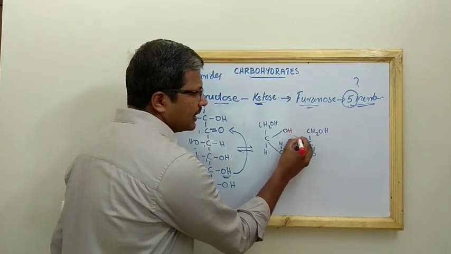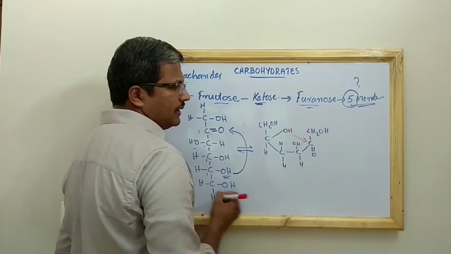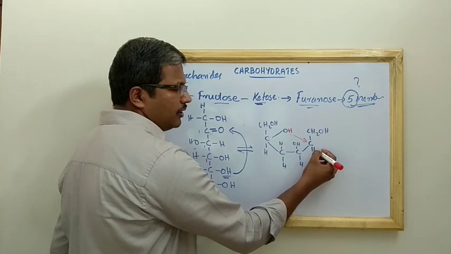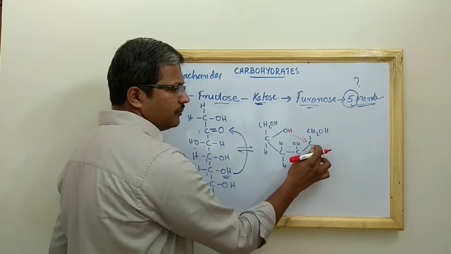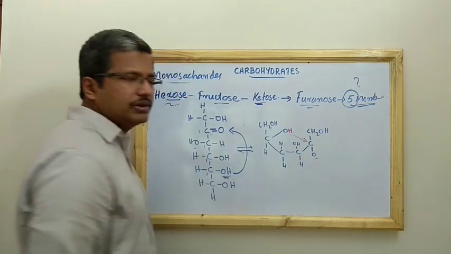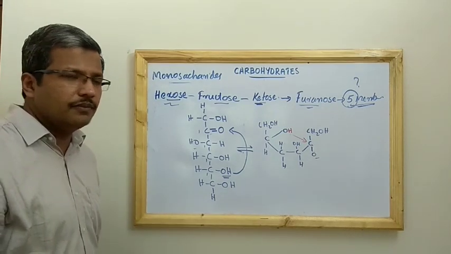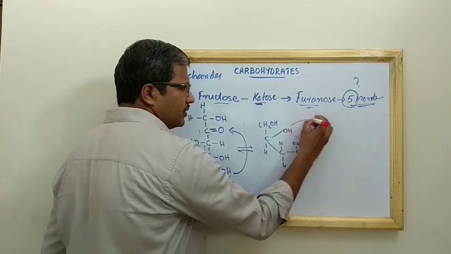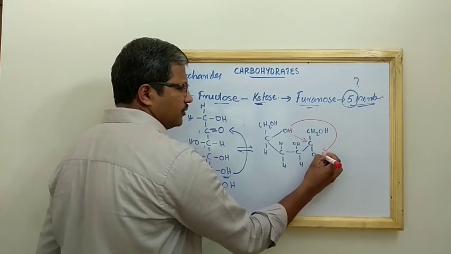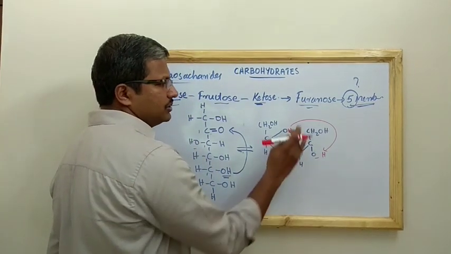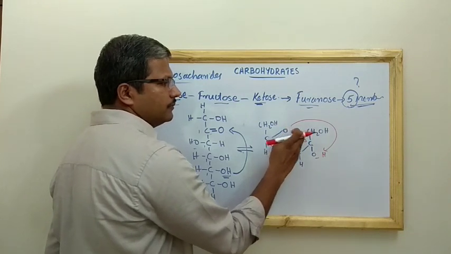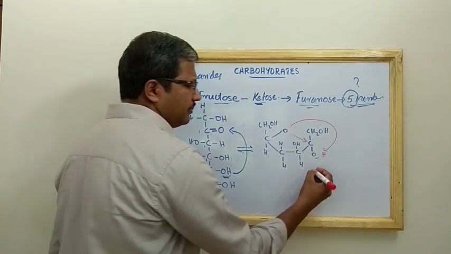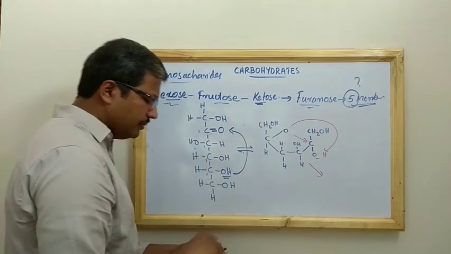This one is attacking this particular carbon. As a result, this carbon will be just leaving one bond from this oxygen, leaving the oxygen negative. And once this bond is formed, this hydrogen will be left and it will be binding with this oxygen. And as a result, ultimately, the structure formed will be like this.